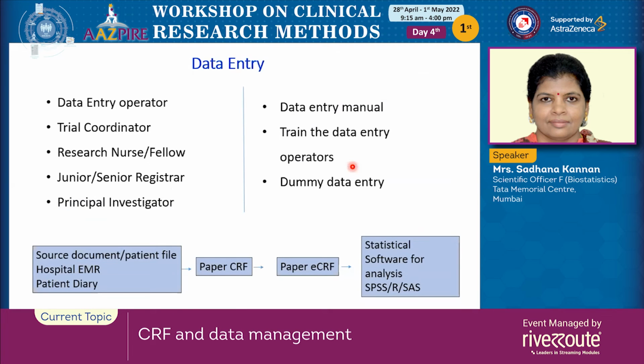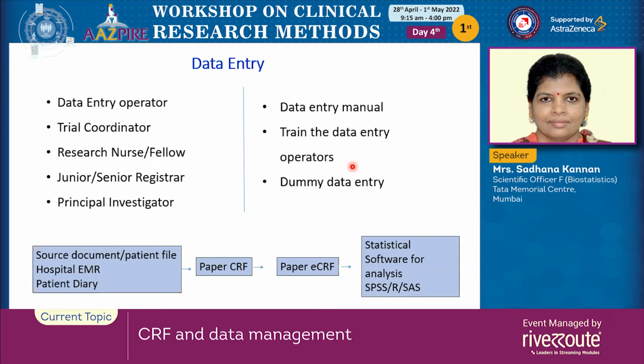So we learned what are the variables, different types of variables, how to code it, and then we will start entering the data. Now, data entry is usually done by data entry operators or by coordinators, researchers or fellows, any one of these people, right? What is bothering us is your data entry operator.